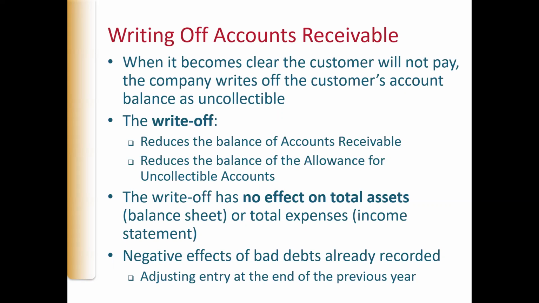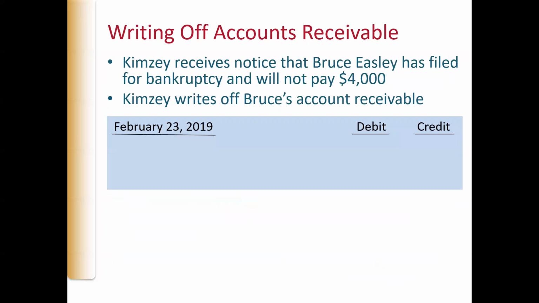Ultimately, it has no effect on total assets, since we have that allowance available to us. It's just taking from the contra account and writing it off to the accounts receivable. Since that negative effect of bad debts has already occurred, we just have that ability to use the allowance method.